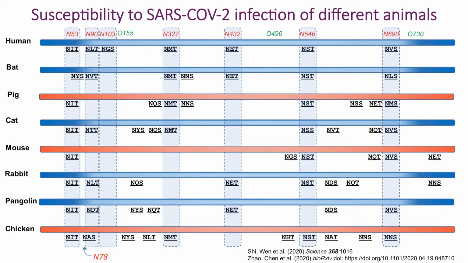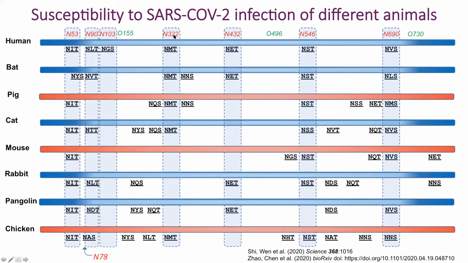If you can see, pig, mouse, and chicken are not susceptible. And interestingly, the only difference that we can see between these is the glycosylation at N90. If there is N-glycosylation at N90, they are susceptible. But if that glycosylation is removed, then the animal is not susceptible.